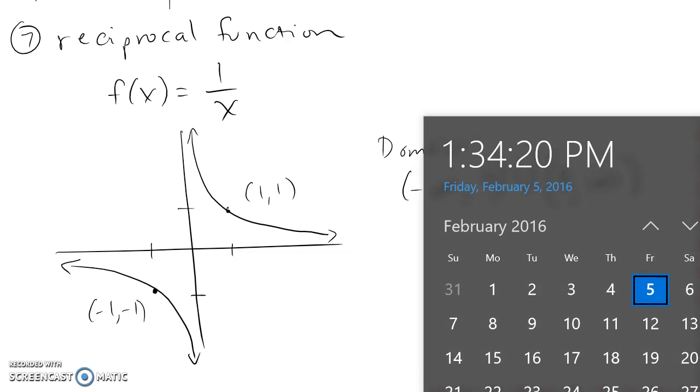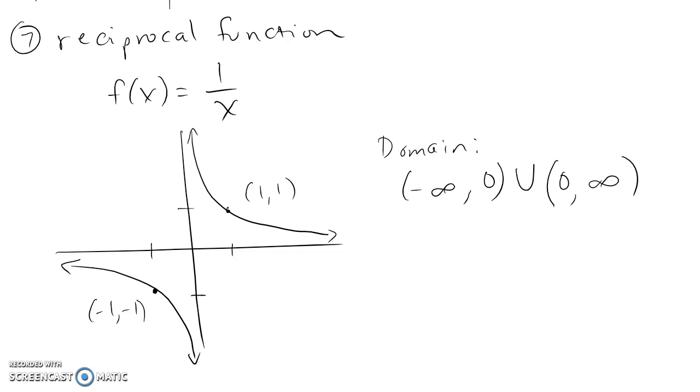And then its range is exactly the same thing. That's because we have to leave 0 out of its range as well. There's no way to get 0 as a reciprocal of any other number. 0 doesn't have a reciprocal, so it couldn't be that. And then there's nothing else to consider.